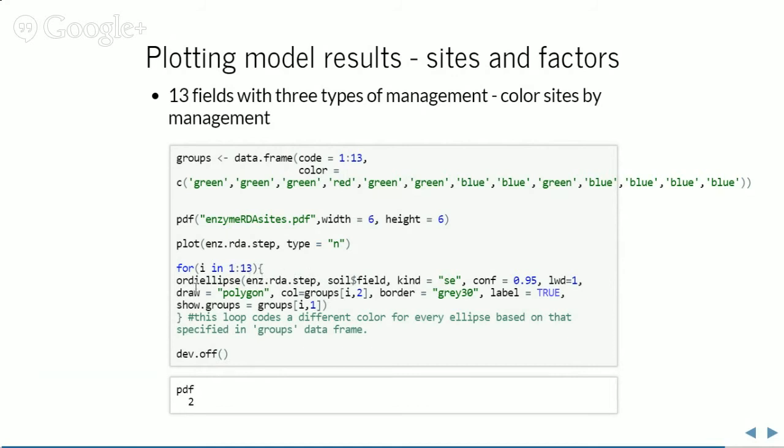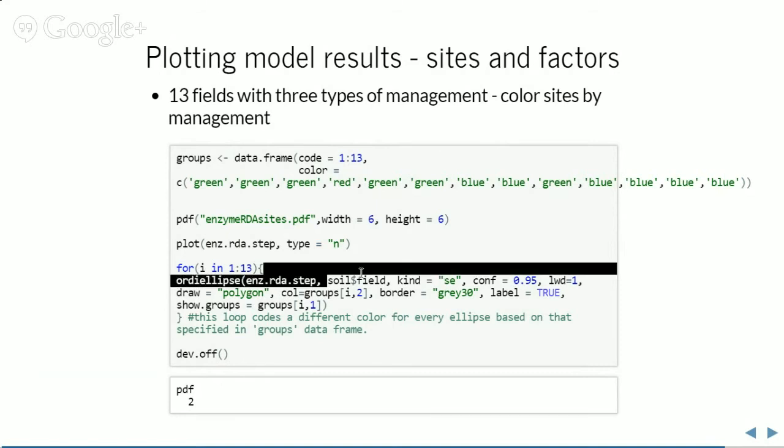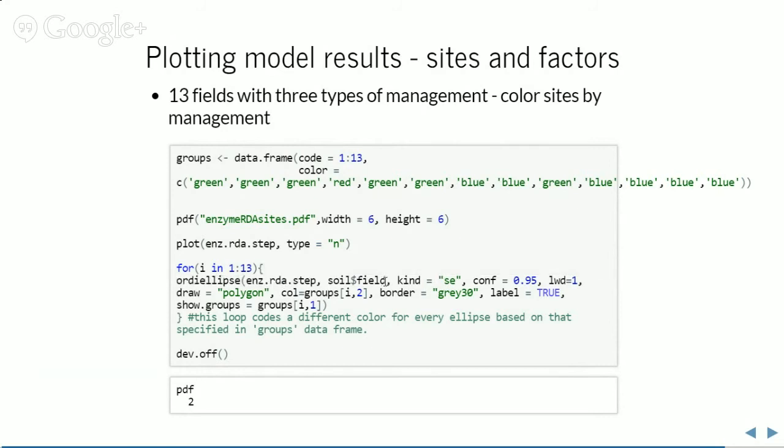We're working with RDA ellipse, pretty much similar to how we did before, with a couple of key differences. This isn't a difference, but this is specifying the factor grouping right here. One of the key differences is going to be in the show.groups argument. We're only going to show one, it's only going to draw one ellipse at every iteration of this loop.